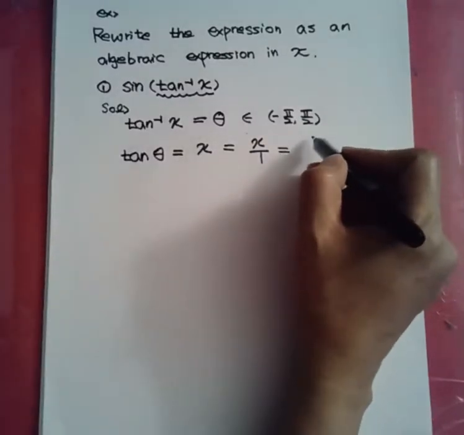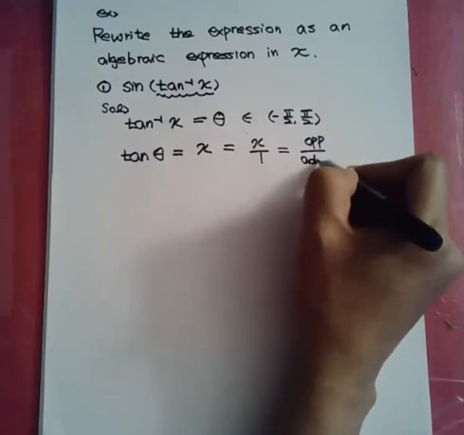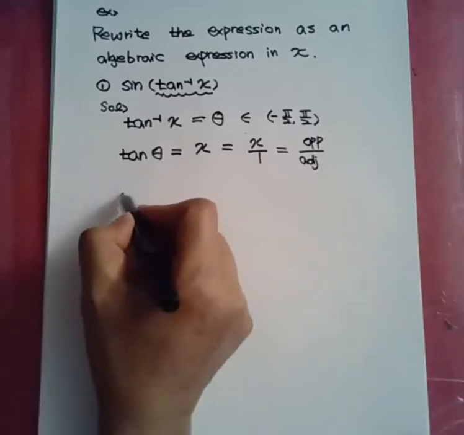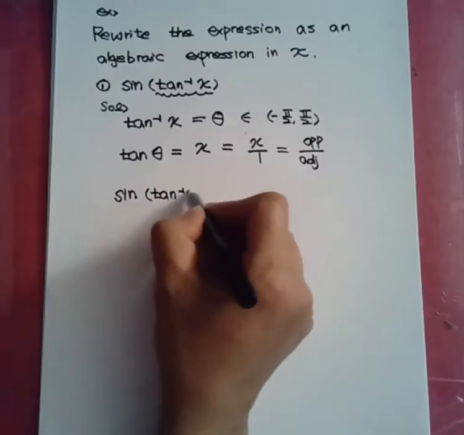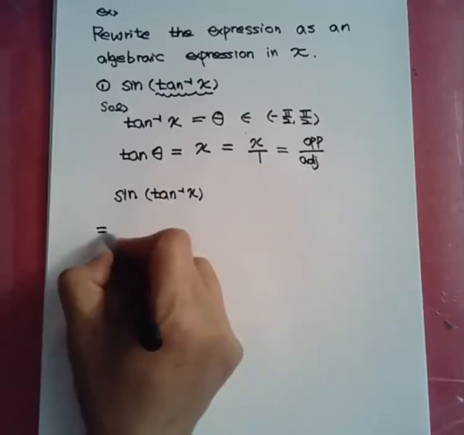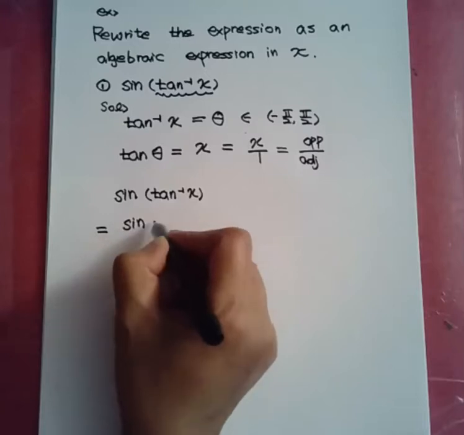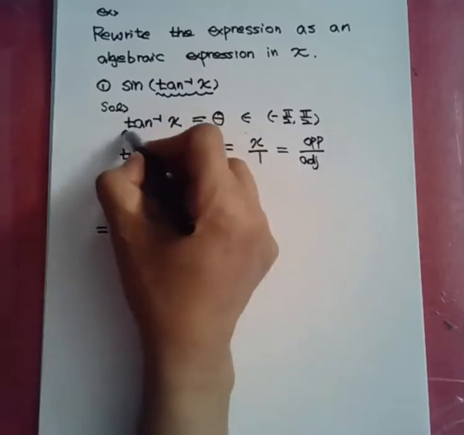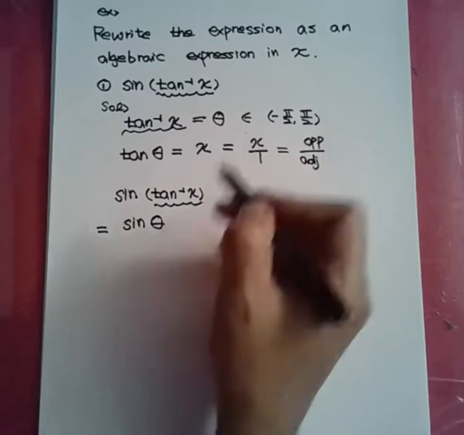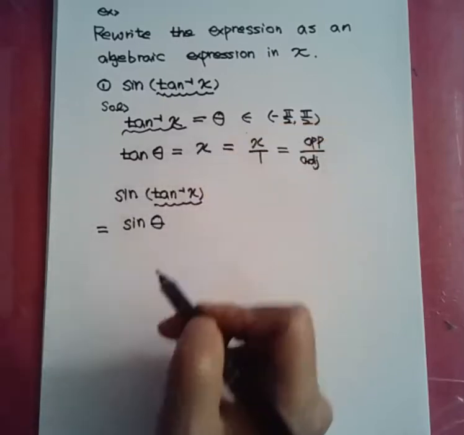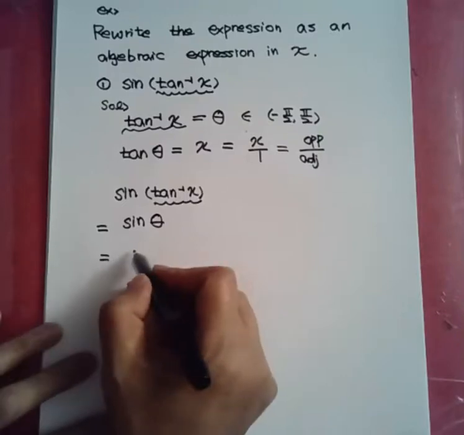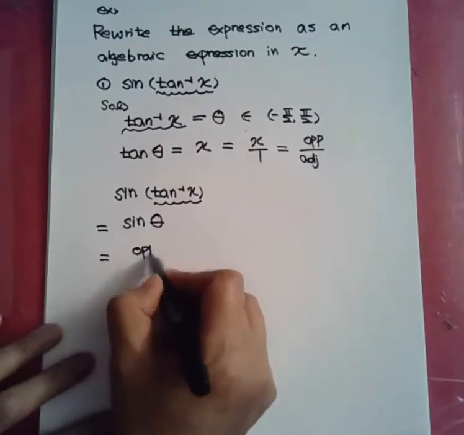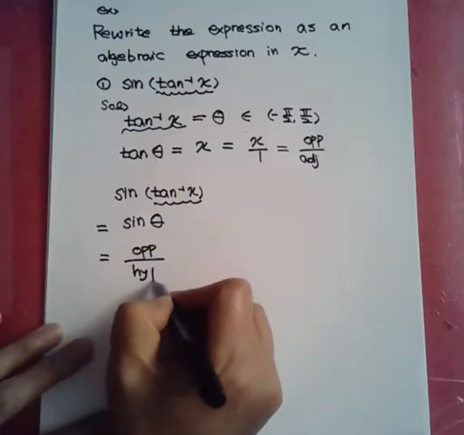So that is from opposite over adjacent. So sine of tangent inverse of x can be rewritten as sine of theta, because instead of tangent inverse of x, we will write theta here. Then by the definition of sine function, that is opposite over hypotenuse.